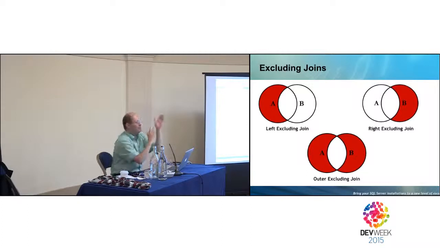Let's combine a few things together. Imagine the following. We have an orders table and we want to know all the days where we had no orders. How can you achieve that result?